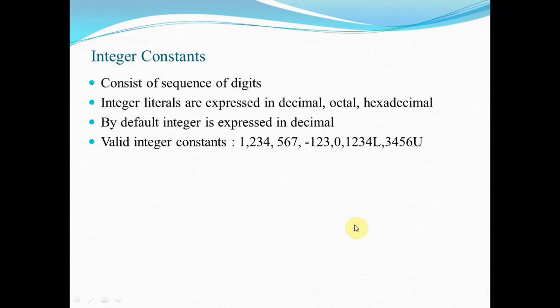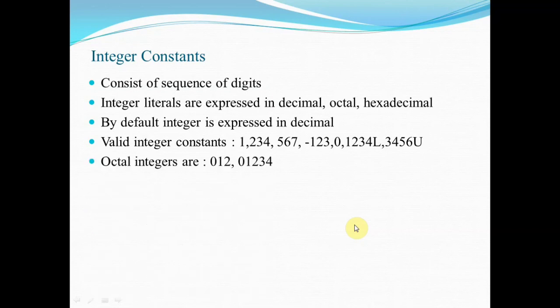Now these integer literals can also be expressed in decimal, octal and hexadecimal, but by default an integer is expressed in decimal. That means the valid symbols in decimal are 0 through 9.